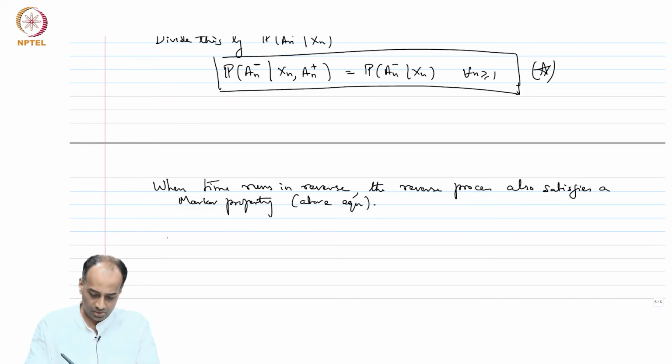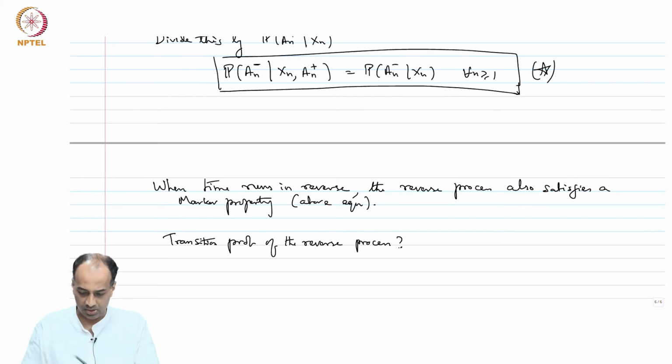So, what are the transition probabilities of the reverse process? We know that the reverse process satisfies the Markov property, and we want to find out what its Pij's are.